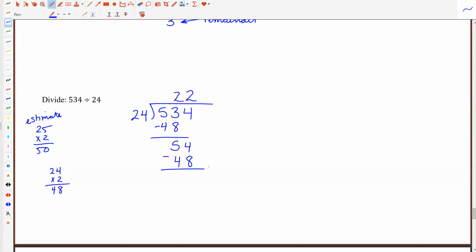So again, I'm going to subtract, and 54 take away 48 would leave me with 6. There's no more numbers to bring down, so I would be done with the division process. So what we just found was 534 divided by 24 is equal to 22, remainder 6.